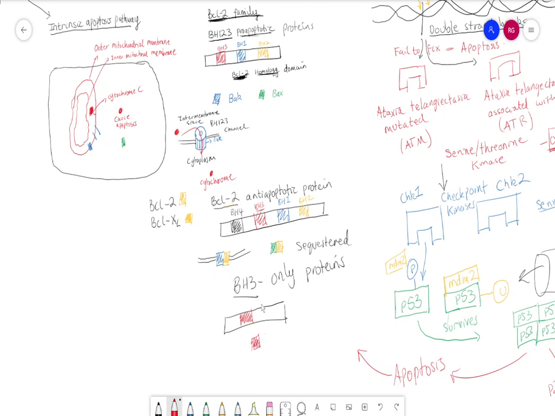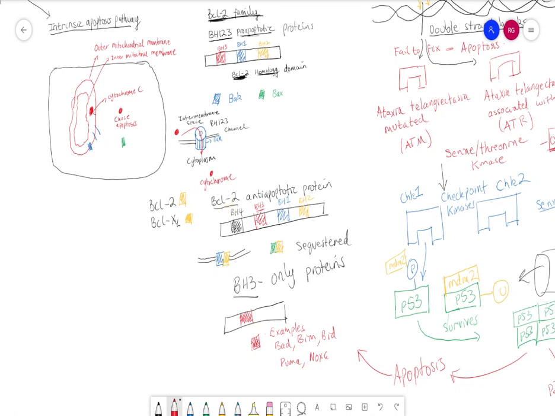That was actually coincidental. I didn't actually purposely leave red for the BH3-only proteins. So let me give you some examples of BH3-only proteins first. So examples of BH3-only proteins are going to be BAD, BIM, BID, PUMA, and NOXA. So here are 5 examples of BH3-only proteins.